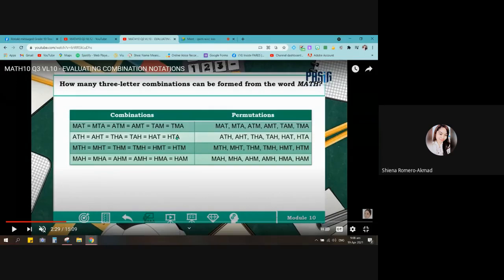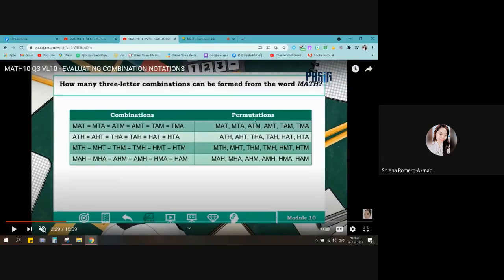We can consider them as one arrangement only because the elements are the same. As you look at combinations, if the elements are the same, the arrangements are the same also, or is considered as one.